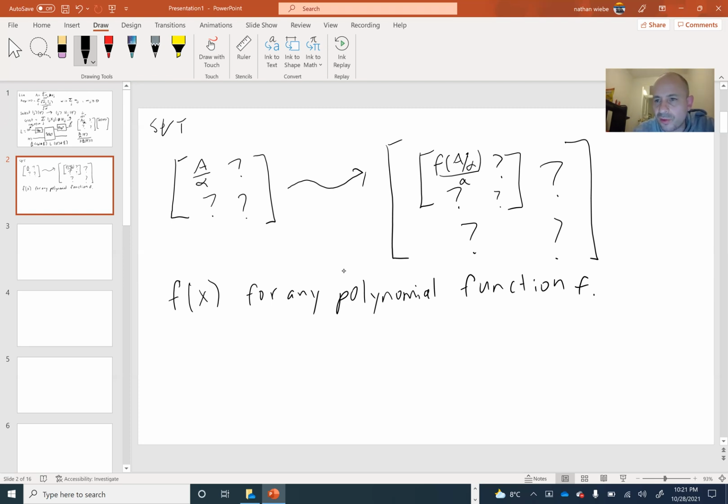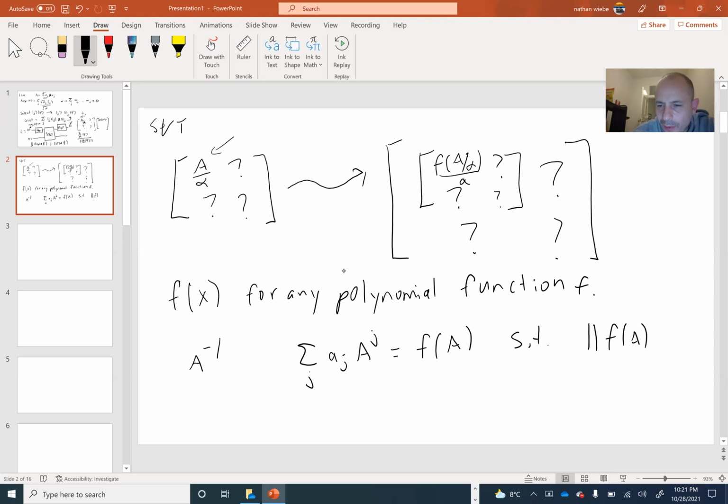One reason is, for example, let's say I wanted to perform the matrix inverse. If I wanted to implement A inverse, but I only know block encoding for A, well, all I would have to do is build a polynomial of the form sum over j, a sub j, A to the j, equals f of A, such that the norm of f of A minus A inverse is smaller than some error target that we want.